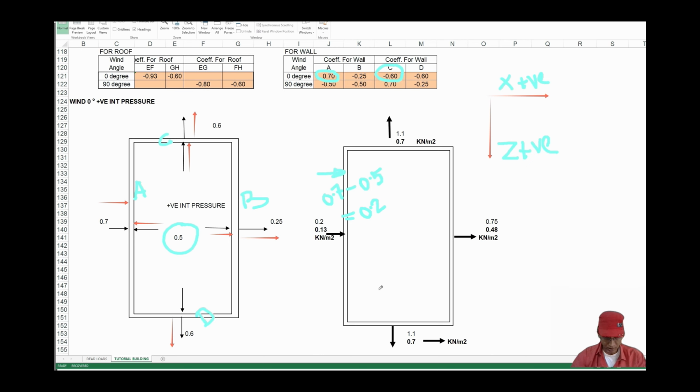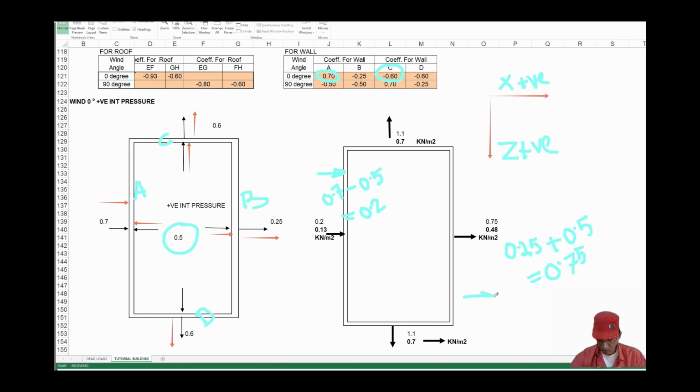Now come to wall B. Now see, 0.25 is in the positive direction of x. Again the internal pressure coefficient is also in the direction of positive x. So 0.25 plus 0.5 works out to be 0.75.